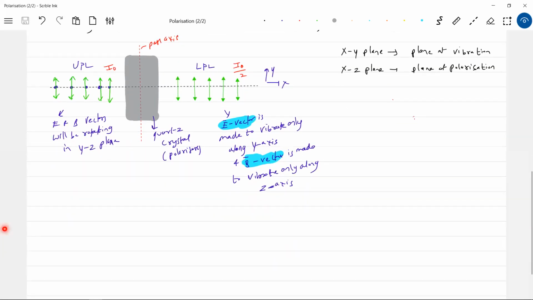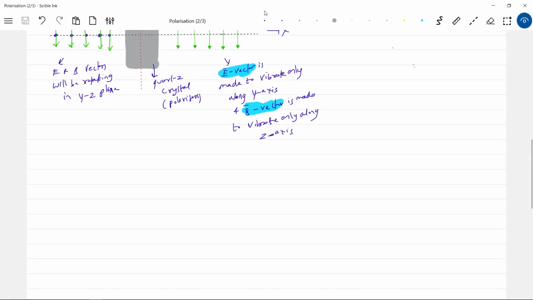Okay, we'll have a small diagram. This is the x-axis, y-axis, z-axis.